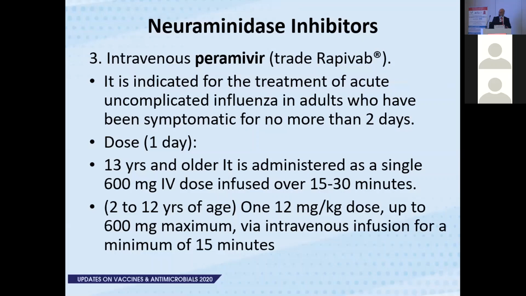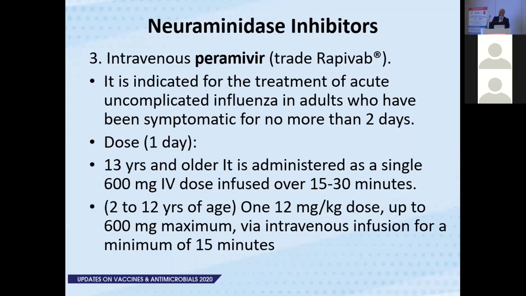It depends actually on the age of the patient. For those aged 13 years and above, you can give the whole dose of 600 milligram intravenously over 15 to 30 minutes by infusion.